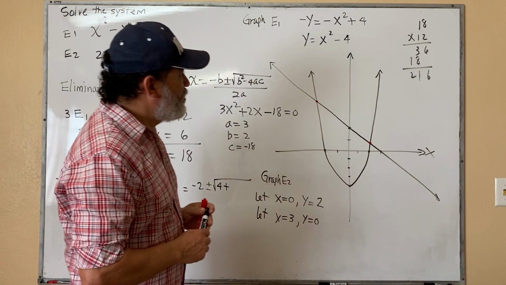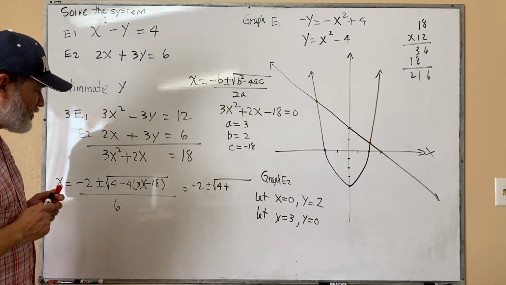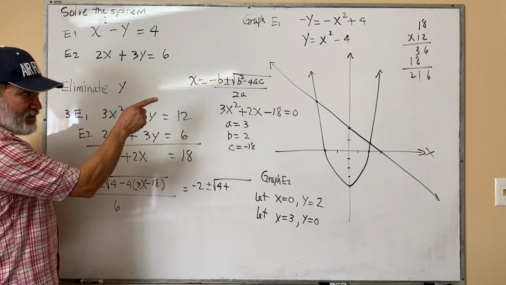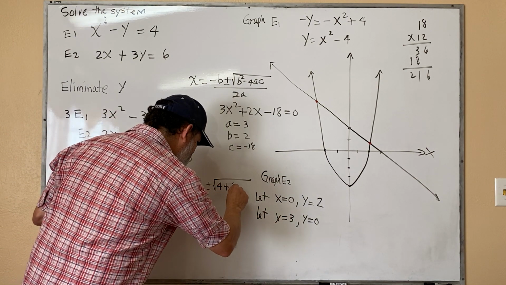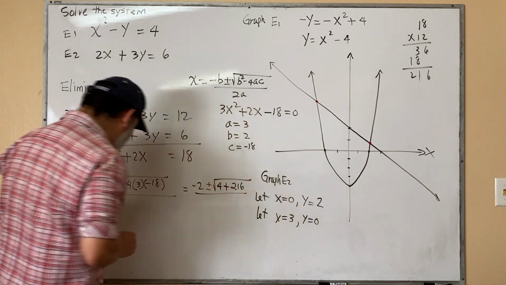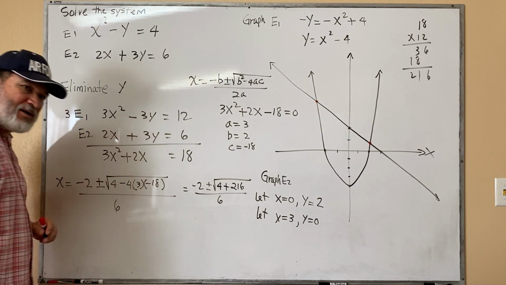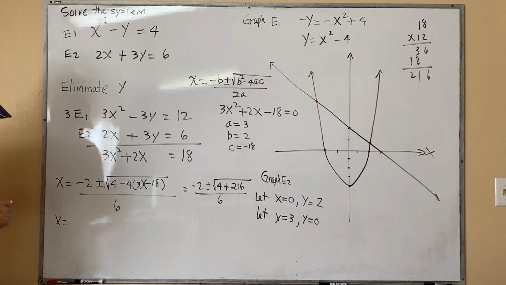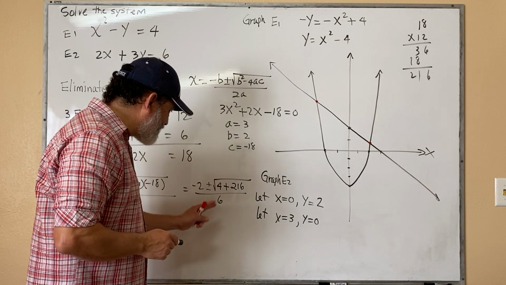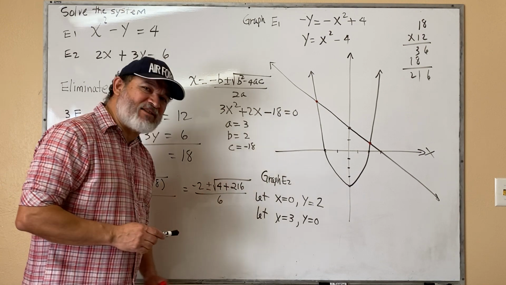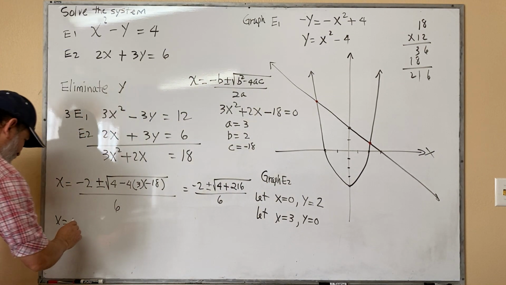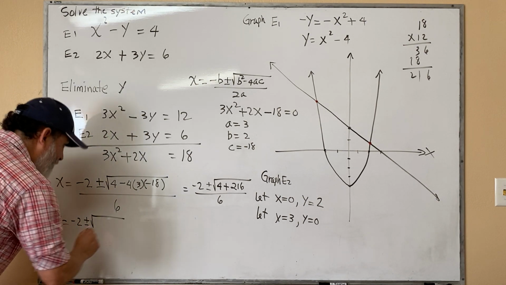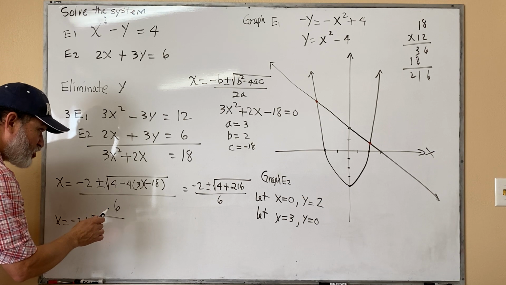There you go. So therefore, 12 times 18 is 216. So this is 216. Almost there. So x equals negative 2 plus minus the square root of 4 plus 216, which is 220, right?